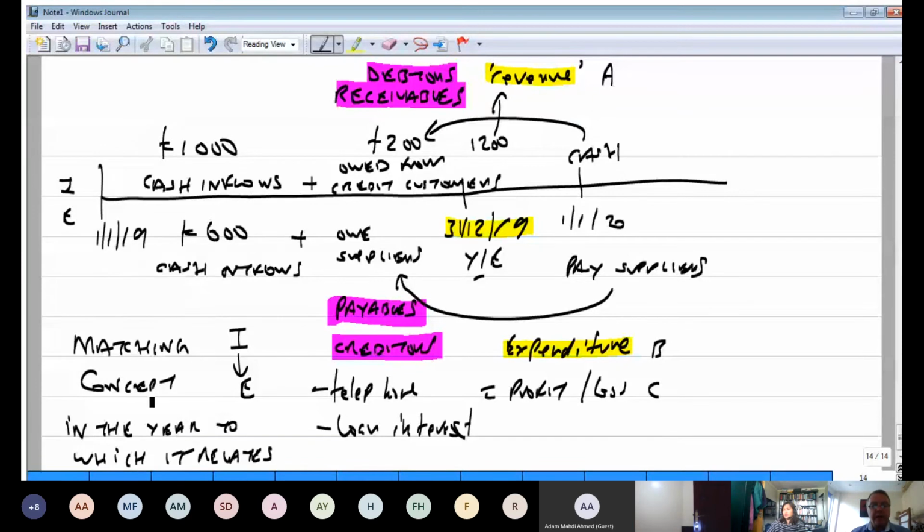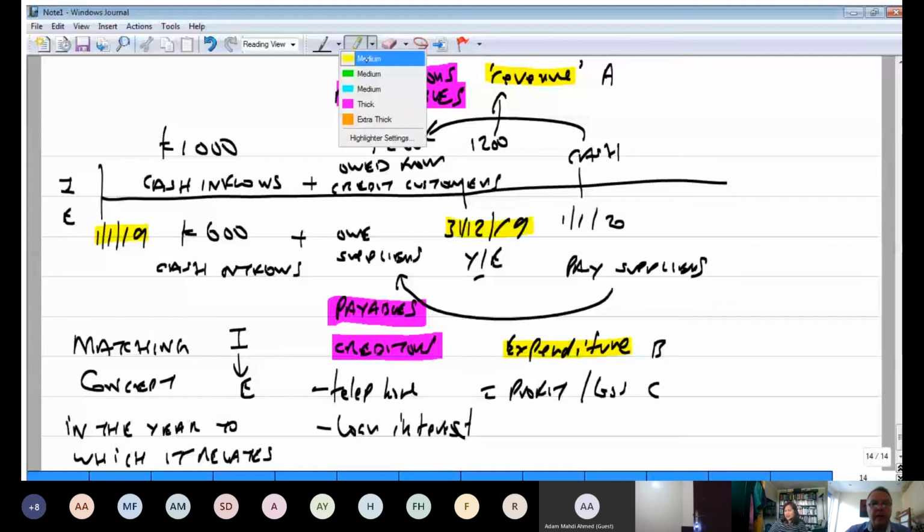And our year, for example, ends the 31st of December. So it doesn't matter when you actually paid the cash or when you received the cash, did it fall into the period between the 1st of January and the 31st of December? That's the period we're looking at, the matching concept between the income and the expenditure.